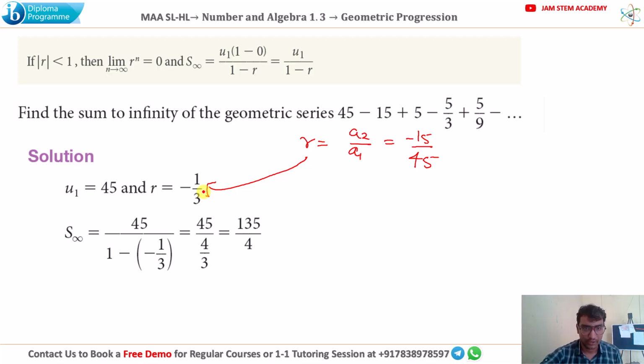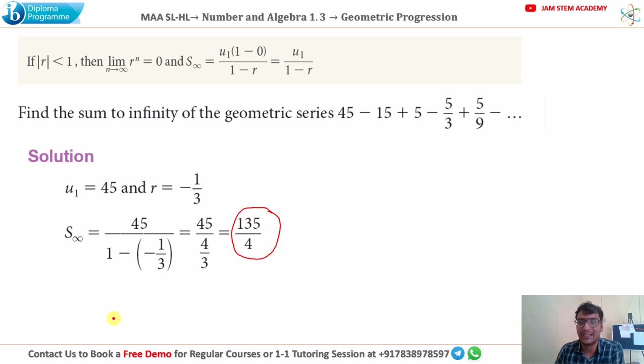So we can directly use the formula for the sum of infinitely many terms, S infinity is equal to a upon 1 minus r, and on simplifying, 45 upon 1 minus of minus 1 by 3 comes out as 135 by 4. You can see, yes, we are getting a finite answer. It is convergent. If it tends towards infinity or minus infinity, that is divergent.